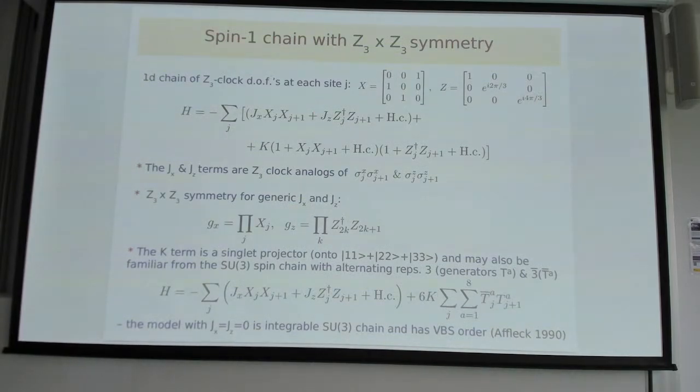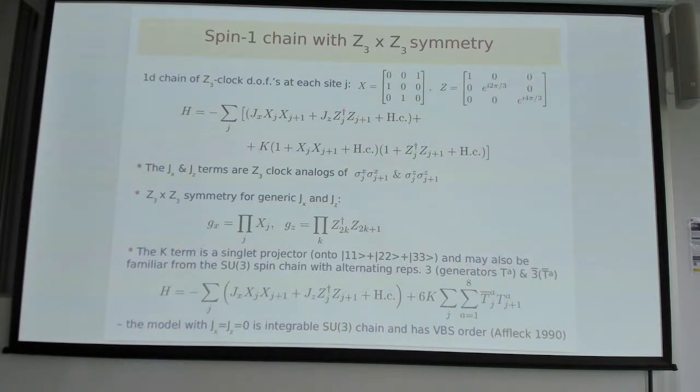So now here, actually, we do not need to add second neighbor terms to drive the VBS order. Actually, nearest neighbor terms of this type can drive a VBS transition. So this looks somewhat more complicated, but it may actually be familiar to you, as this thing by itself actually has SU3 symmetry, and it corresponds to this SU3 spin chain where you have alternating 3 and 3-bar representations on the two sublattices.